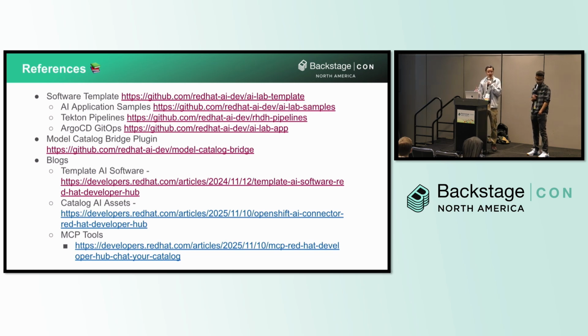The first one is around the software template that we talked about today, but then we also have the catalog of the AI assets, which you can follow to see what we can do when modeling on the catalog. And we also have some MCP tools which we have recently created, and we are also planning to donate some of those MCP tools in Backstage as well.